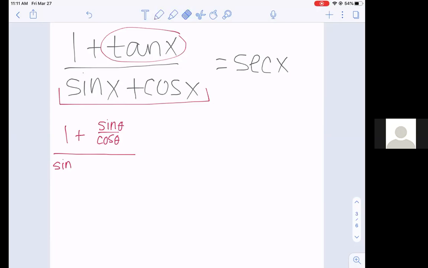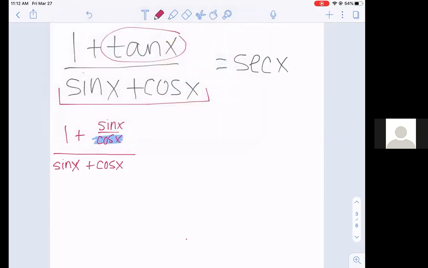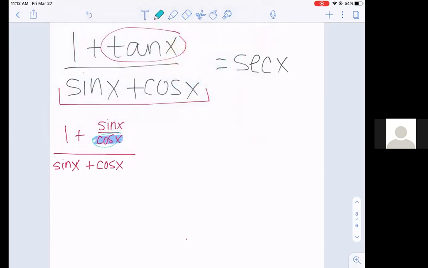All right, so I did that. It didn't really help me that much, but what it did do is it created this cosine x on the bottom of the numerator. So I'm going to multiply the top and bottom by the LCD, which is my cosine x. I'm going to multiply the top by cosine x, and I'm going to multiply the bottom by cosine x.